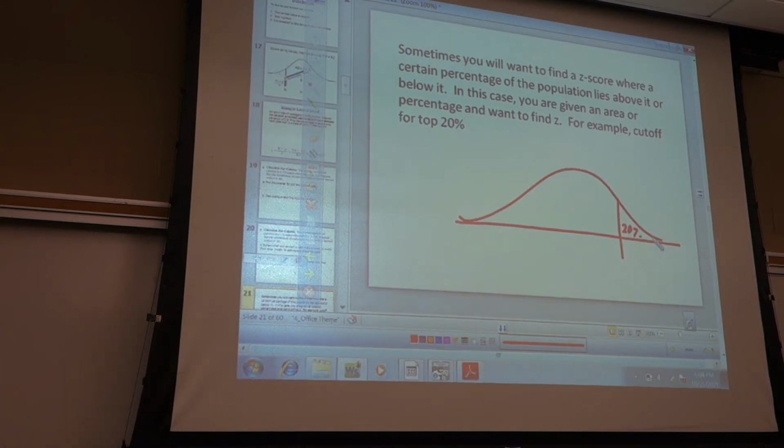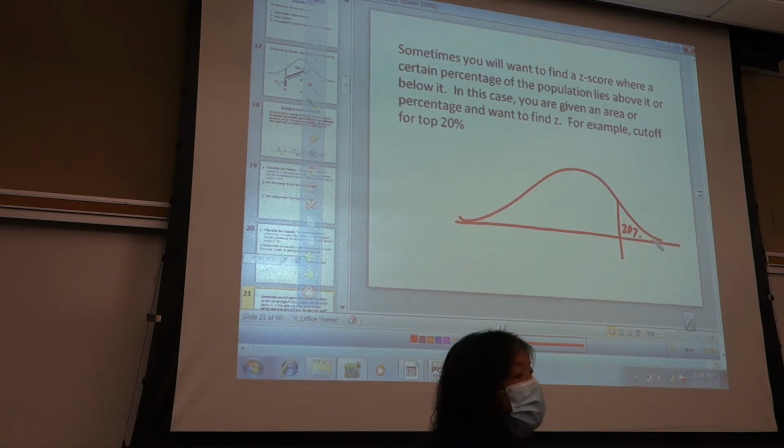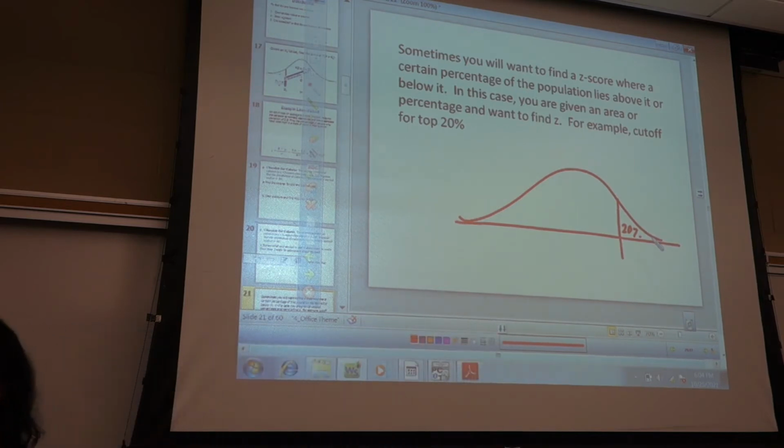So what are things that undo that we're familiar with? Like, how do you undo addition? Subtraction. So the inverse of addition is subtraction. What's the inverse of multiplication? Division. Great. The inverse of normal CDF is called inverse norm. It's the inverse of the normal CDF, inverse norm.